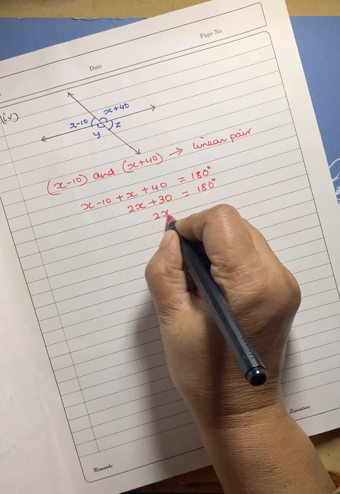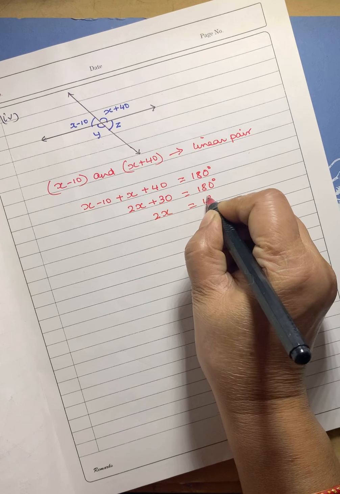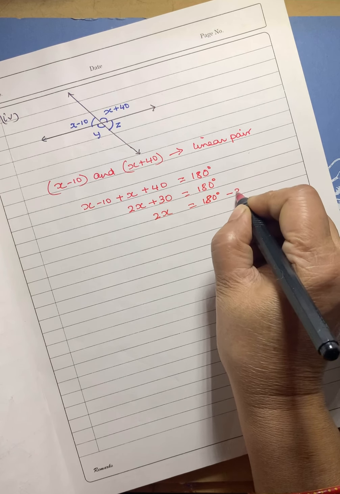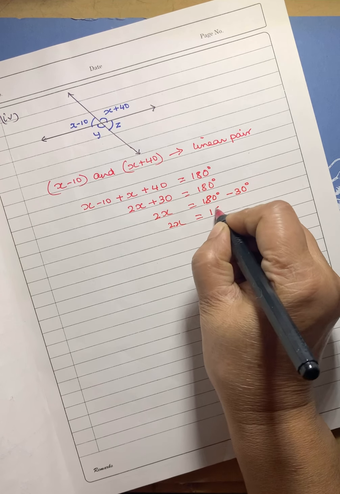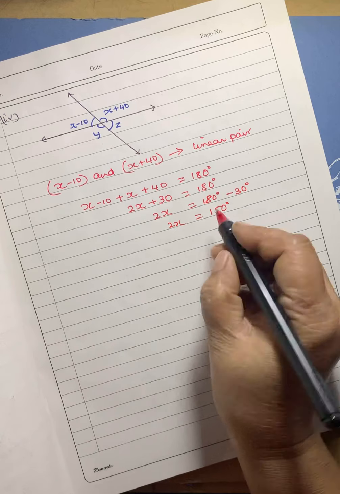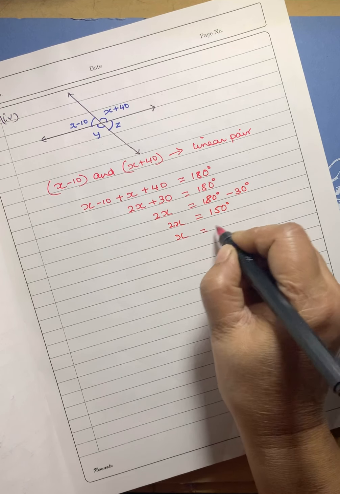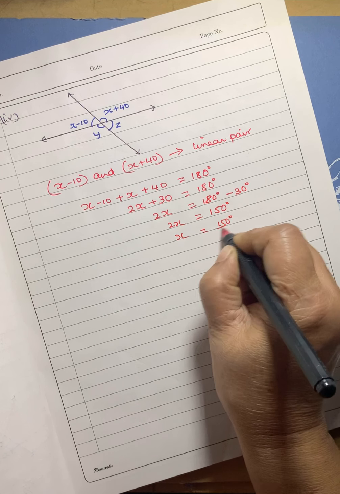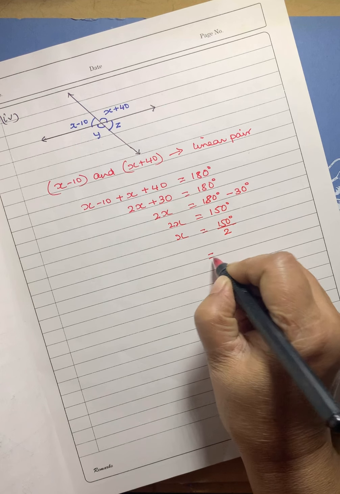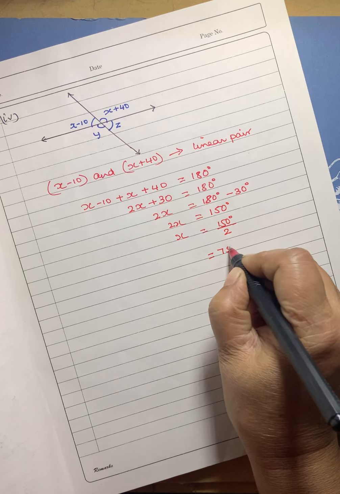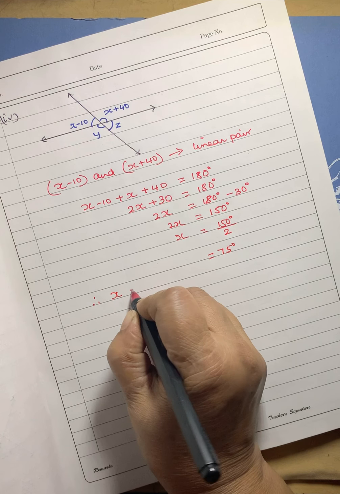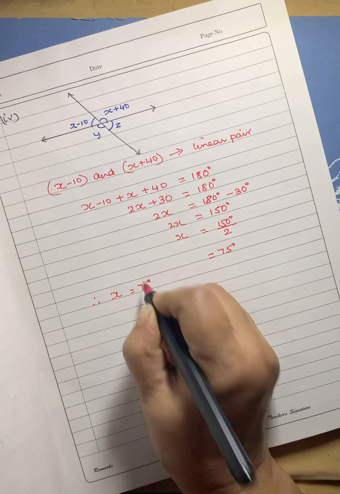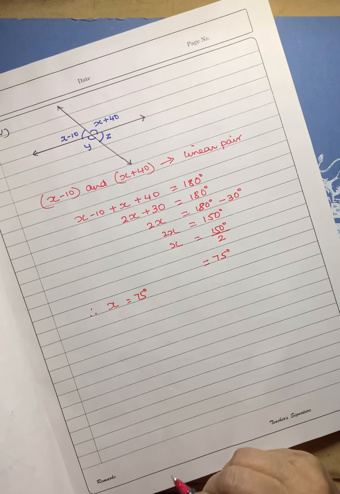So 2x is equal to 180 minus 30 degrees. So 2x is equal to 150 degrees. x is equal to 150 degrees upon 2, which is equal to 75 degrees. Therefore, the value of x is equal to 75 degrees.